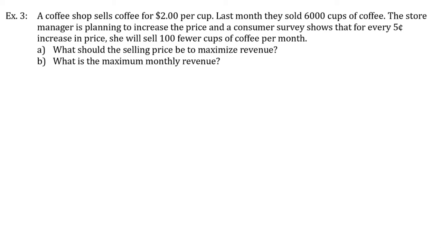This is the kind of question where it says, what is the selling price? You do not let X represent the price. This is the one type that we're going to see where the thing you're being asked to find is not what we let X represent. Everybody get that?